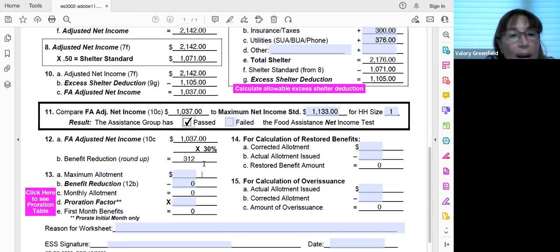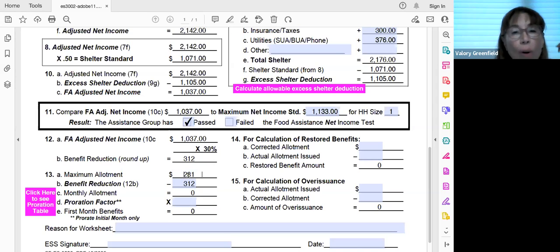Cindy's going to put that number at 13B, 312. And we have to figure out the maximum allotment, 13A. Well, for a household of 1, it's 281. So Cindy's going to put at 13A, 281.